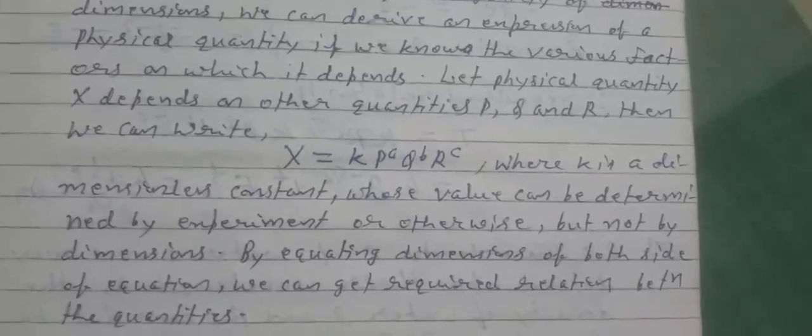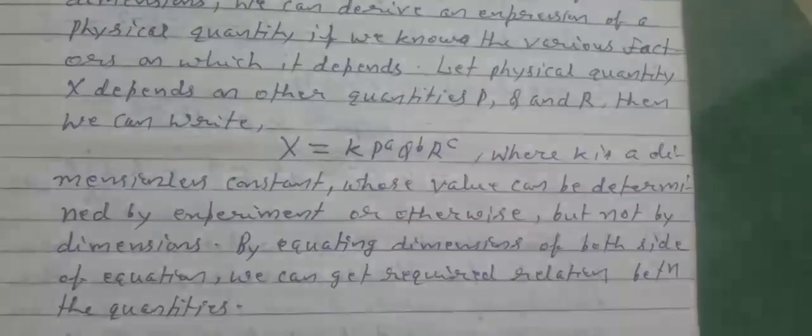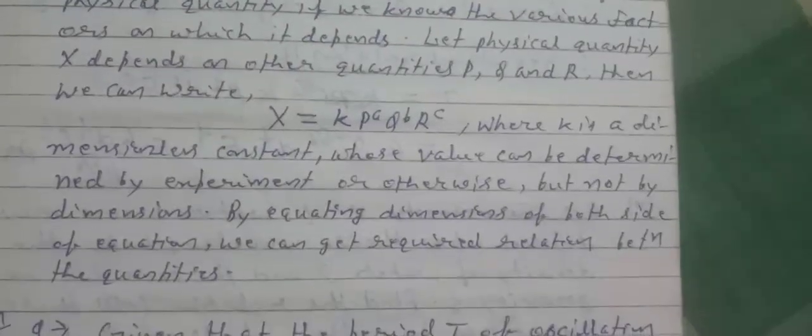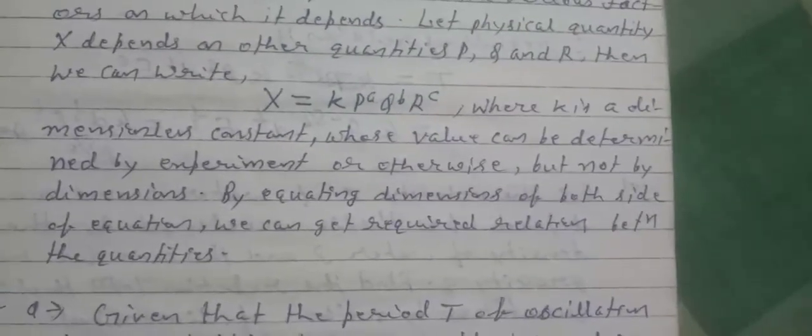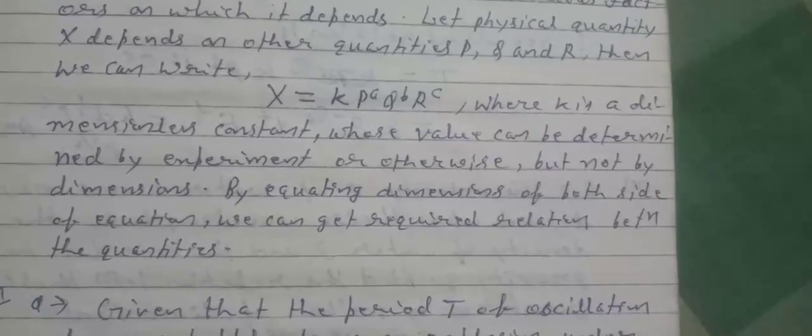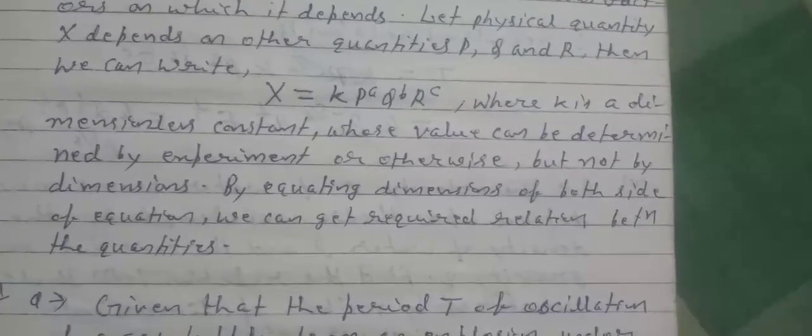Then we can write x equals k into p to the power a, q to the power b, r to the power c, where k is a dimensionless constant whose value can be determined by experiment or otherwise, but not by dimensions. By equating dimensions of both sides of the equation, we can get the required relation between the quantities.